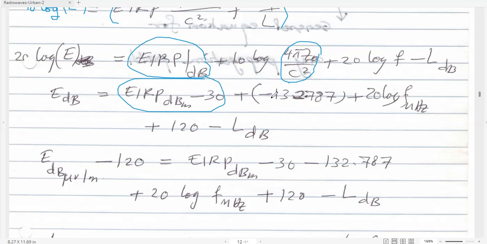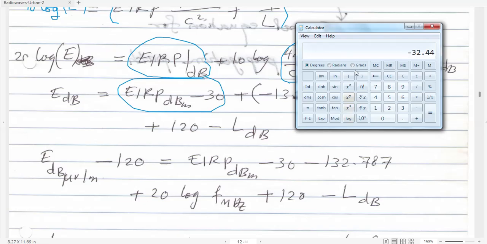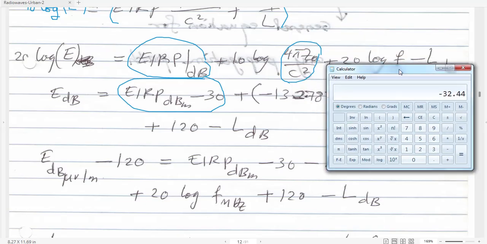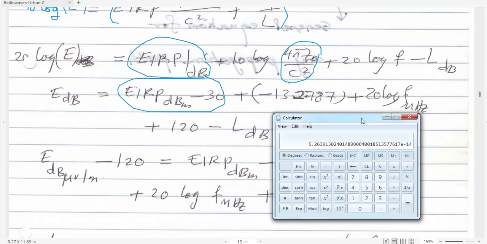And if we substitute here values for 4 pi, 4 times pi times 377 ohms divided by C, 3 times 10 to 8 meter per second squared, the result is this, and 10 log of it equals, as you can see, minus 132.787.